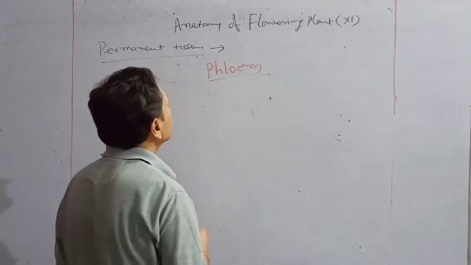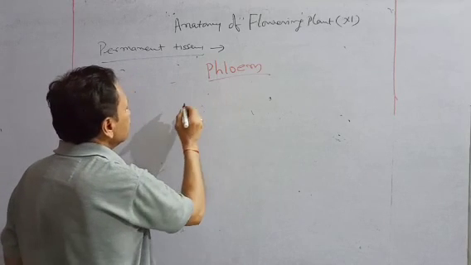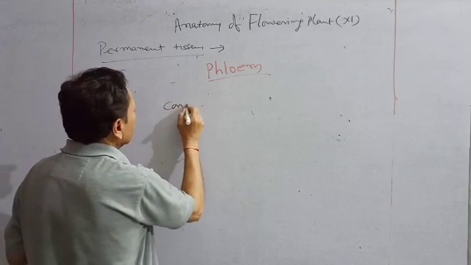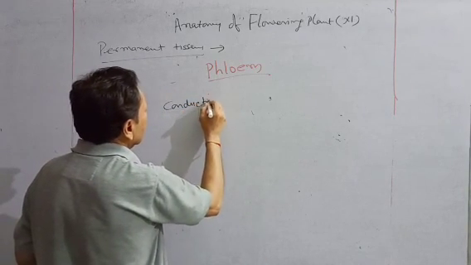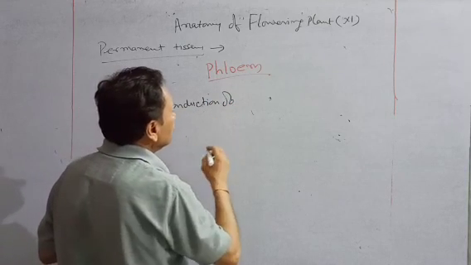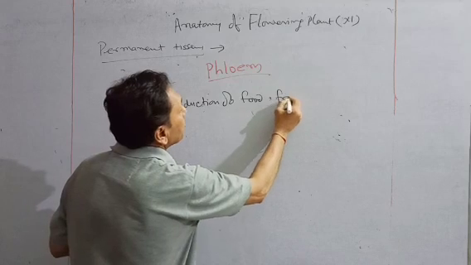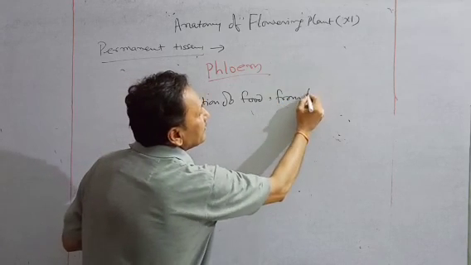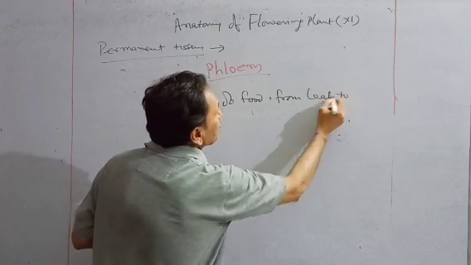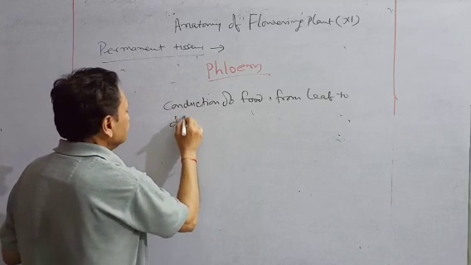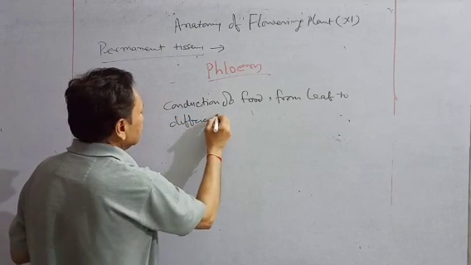It has been observed that the phloem is responsible for the conduction of food from the leaf to the different parts of the plant.